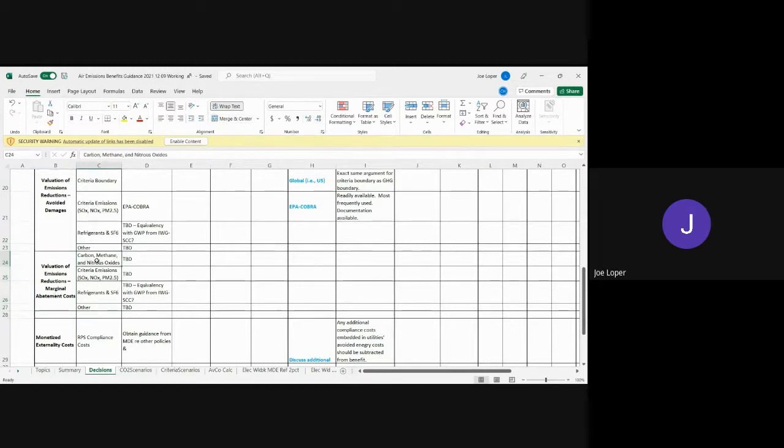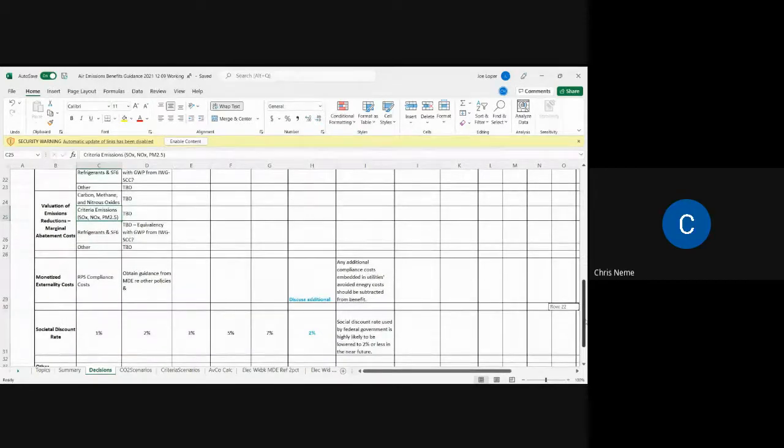And then the question is where we get a model for GHG. We're not even clear on that yet, but we would also need something for criteria emissions and other. Chris, you may have an opinion on that. If we used marginal abatement cost for GHG, that would not preclude us from using avoided damages for criteria emissions or using COBRA for criteria, right? I don't think so. Okay.